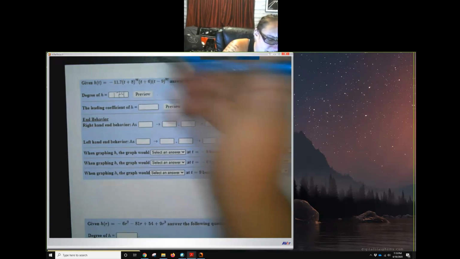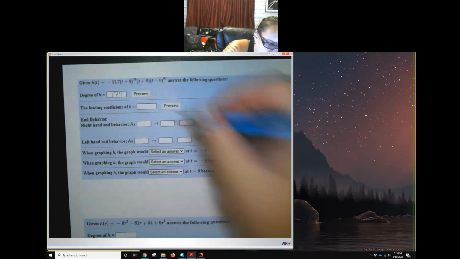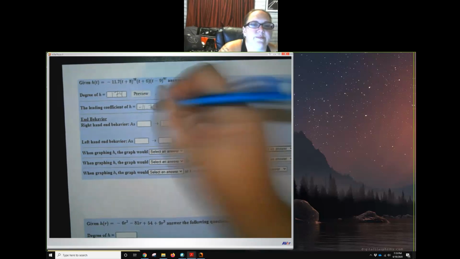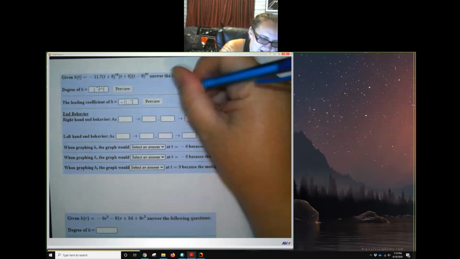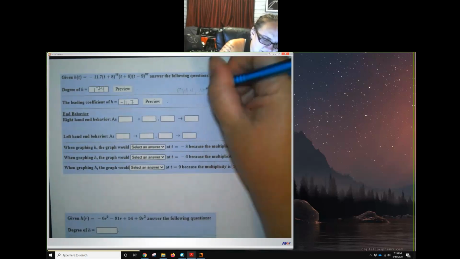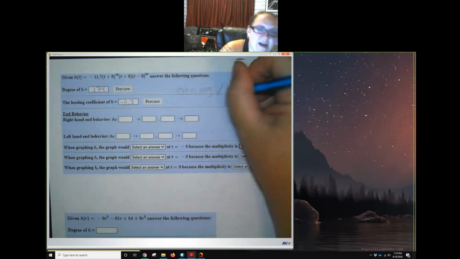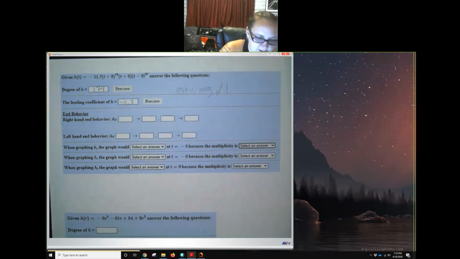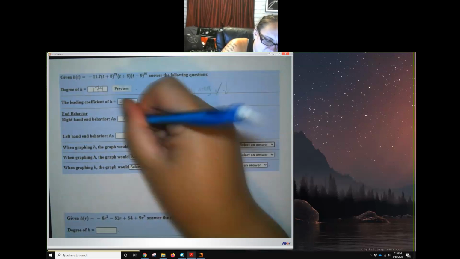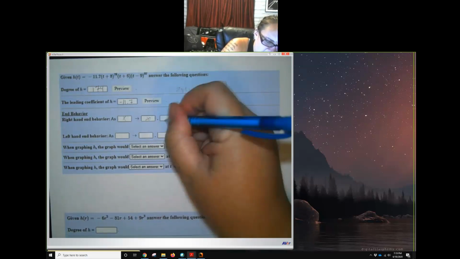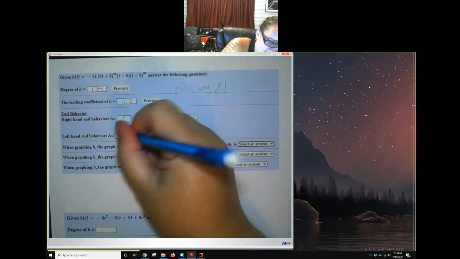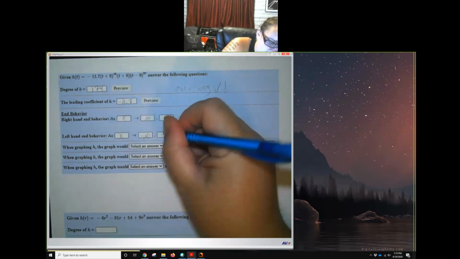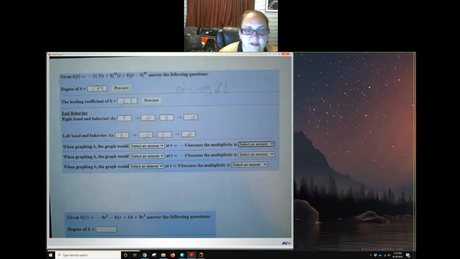So just this number out front is your leading coefficient. And so even degree with a negative leading coefficient means down and down. So as x goes to infinity, y goes to negative infinity on the right. And as x goes to negative infinity, y goes to negative infinity on the left.